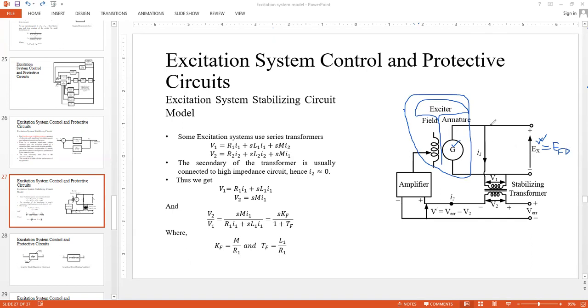So what we do, we introduce one stabilizing transformer. Remember, we are talking about the feedback mechanism, not the series mechanism. So we take a signal from the output of the exciter, that means from here, and we feed it to the primary side of the stabilizing transformer.